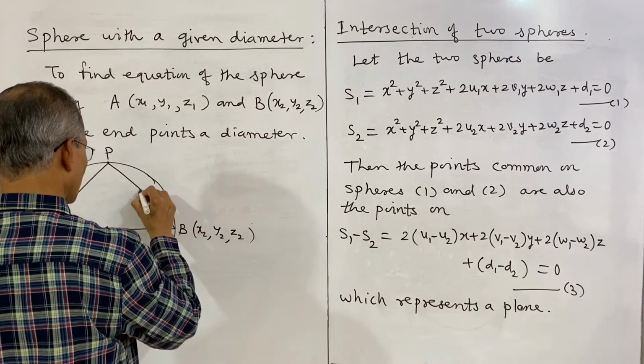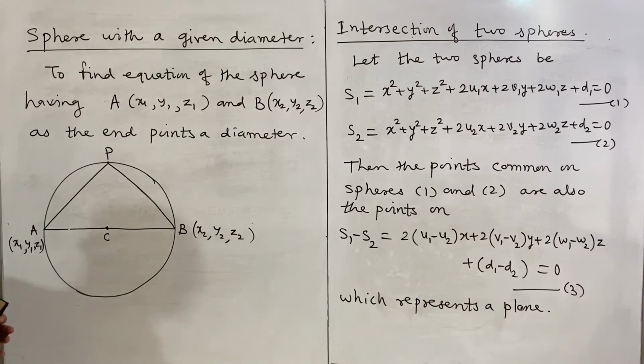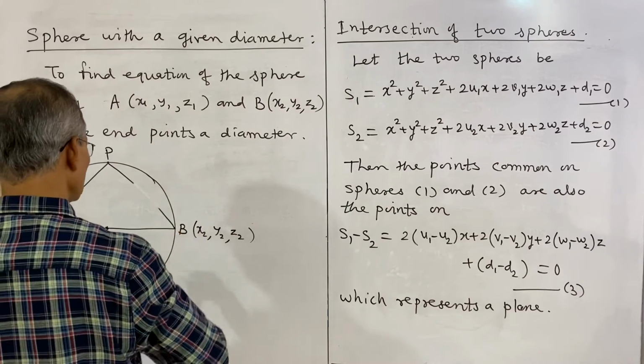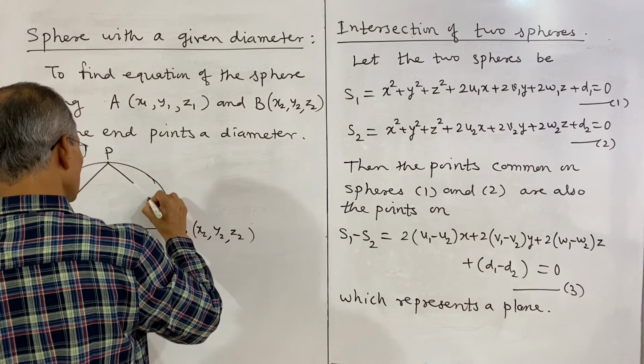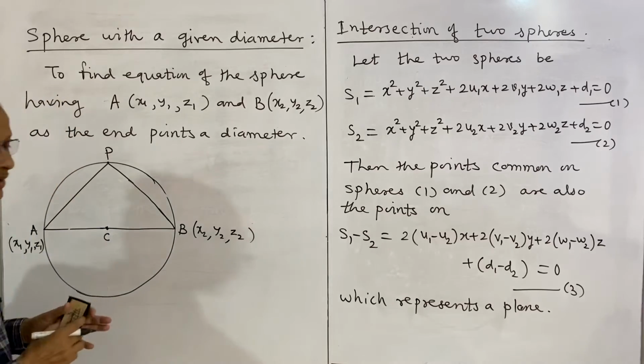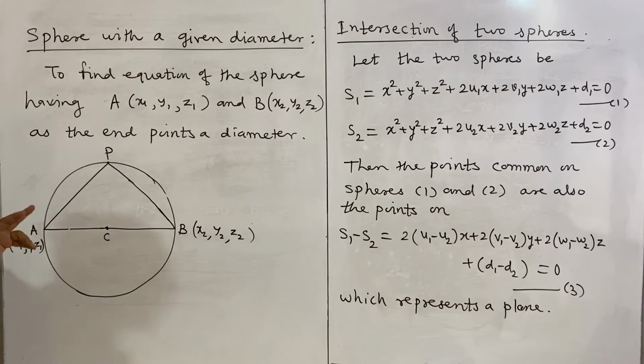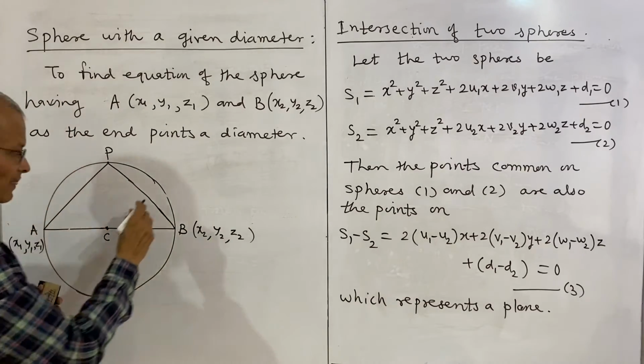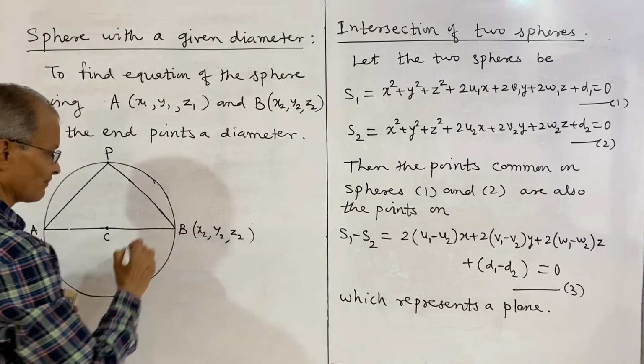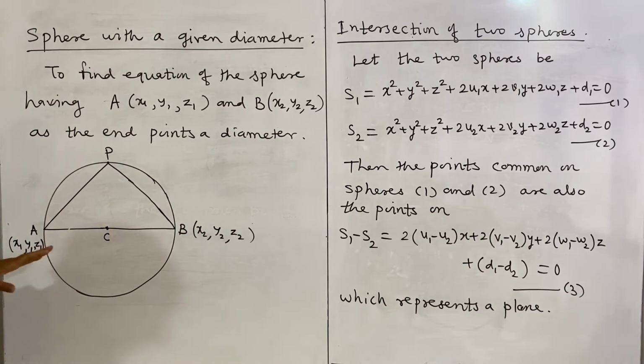So these two are joined, and now you see because this is a great circle, one thing we have to note is that a plane passing through the center of a sphere gives a section which is a circle called great circle.